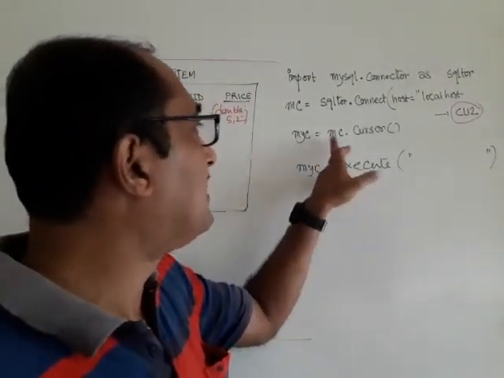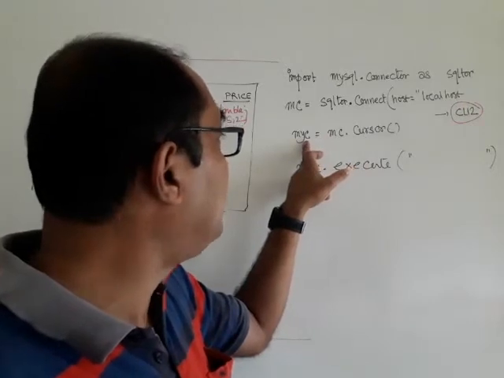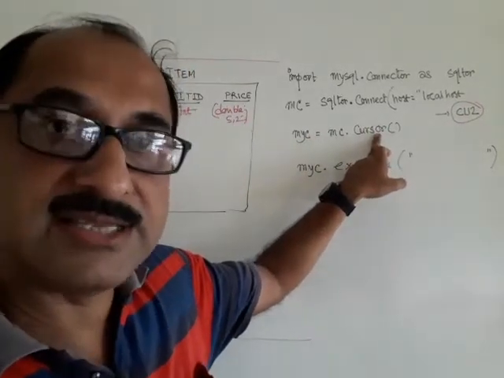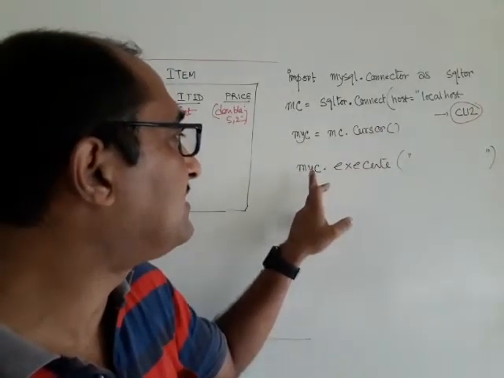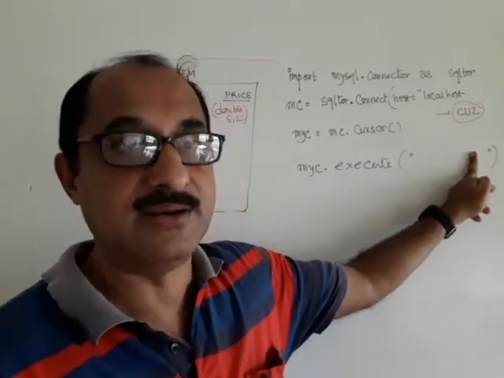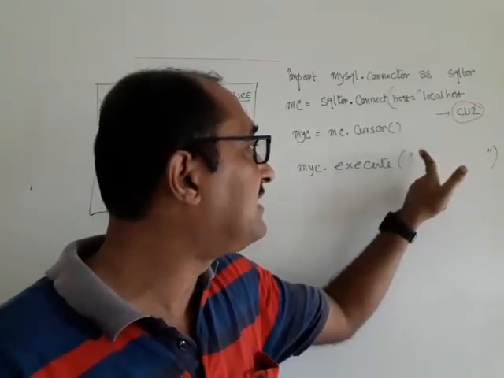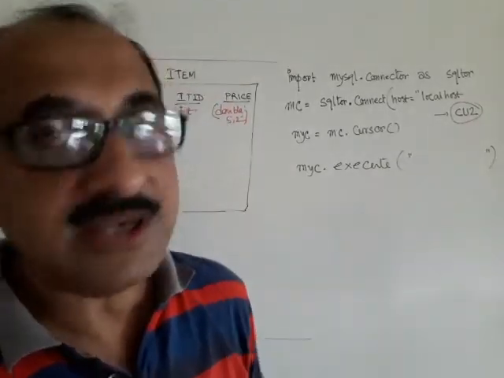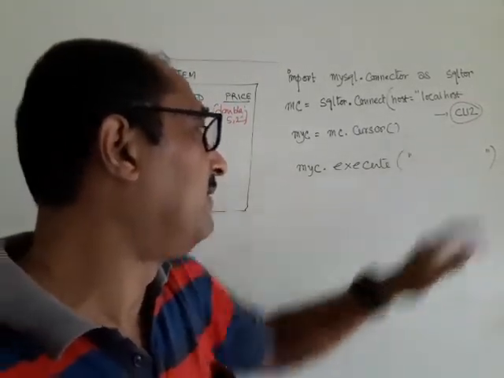So the cursor object is myC, connection.cursor function, and you have seen in the last class how we execute the SQL commands. We write execute and here we load the command. That means you can write here select star whatever. In fact, insert, update, all the commands can be run here.